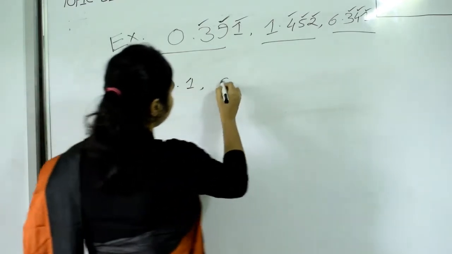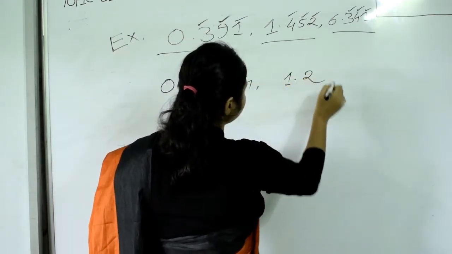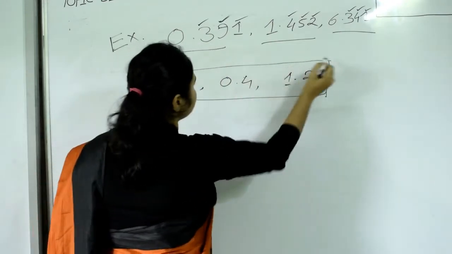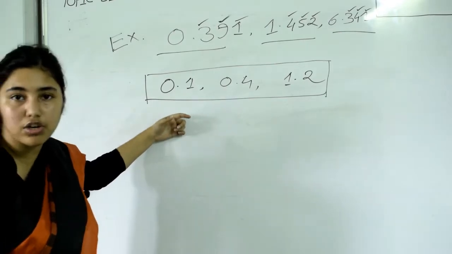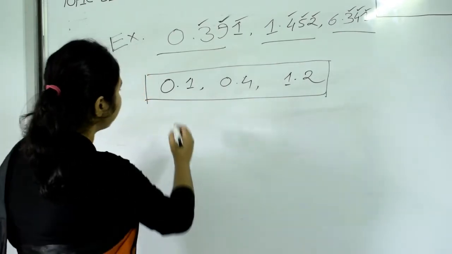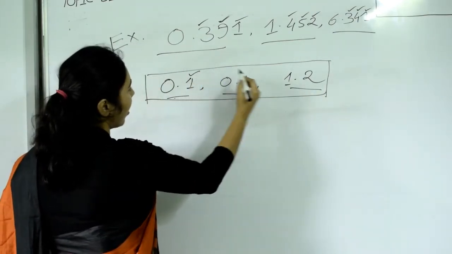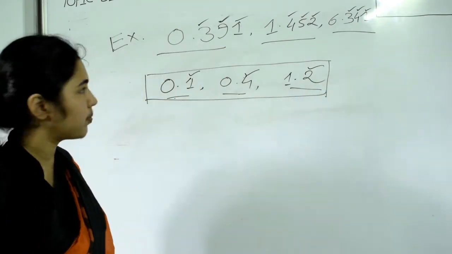0.1, 0.4, 1.2. These three decimal numbers are also examples of like decimals. Why? Because all these numbers have only one decimal place, only the 10th decimal place.